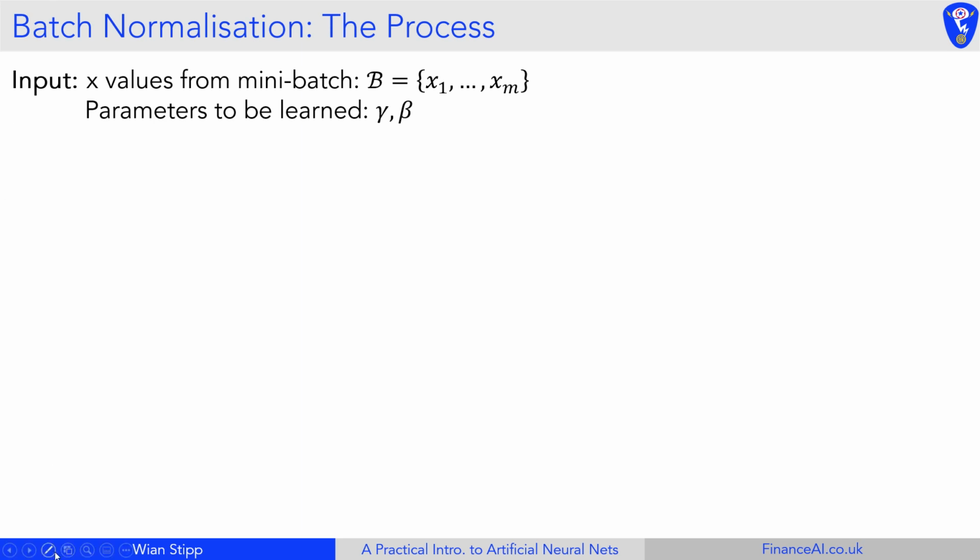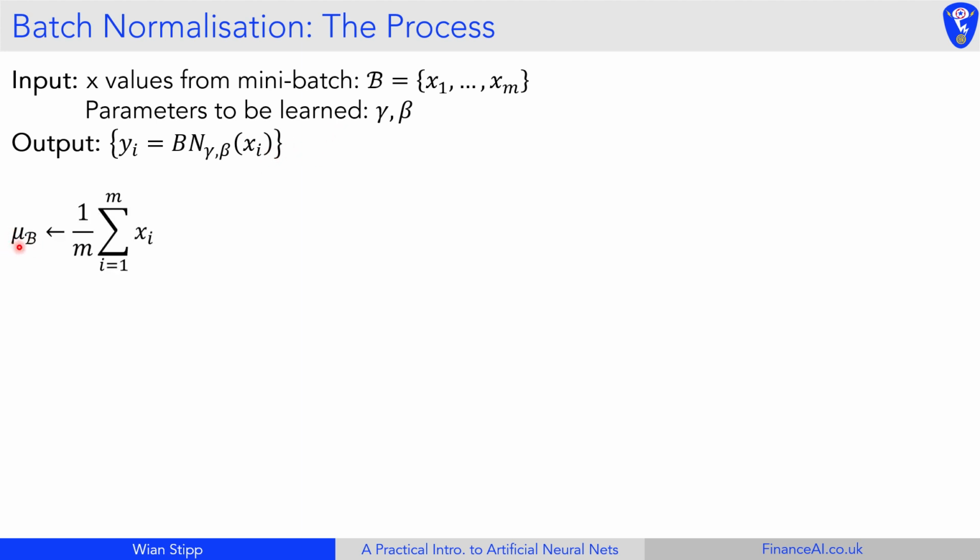So X, this is the values from the mini batch, which we're denoting script B, x1 to m, and the parameters to be learned, gamma and beta. So we're trying to output yi, and this is going to be a function of xi.